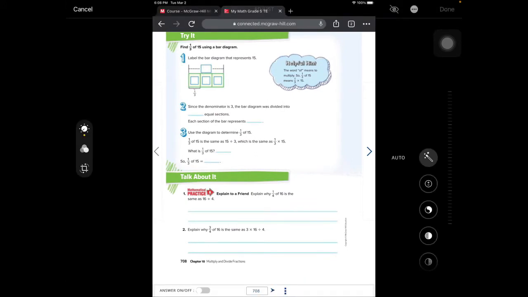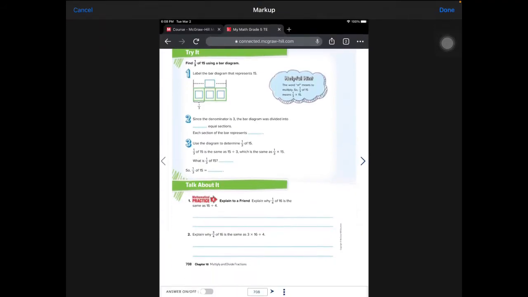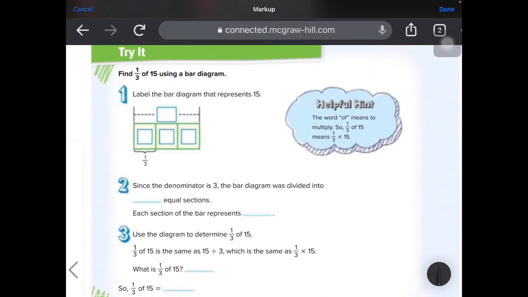Okay, next page. Find 1/3 of 15 using the bar diagram. Label the bar diagram that represents 15. So, I know that we're going to divide it into 3 chunks, and each chunk, 3 will go into 15 5 times.